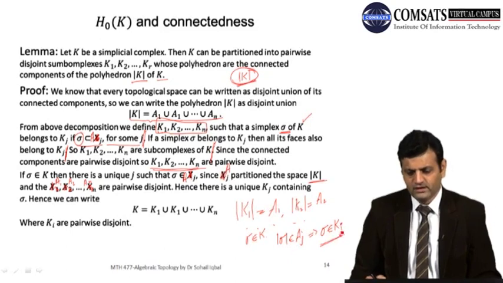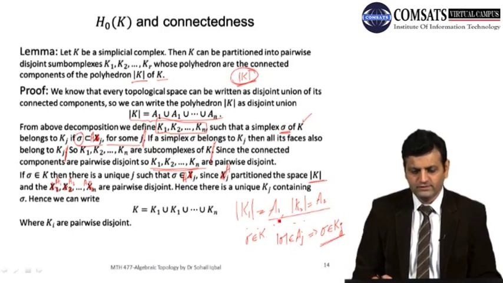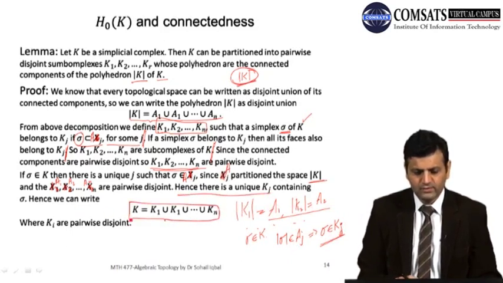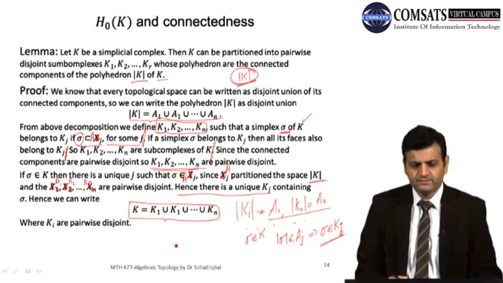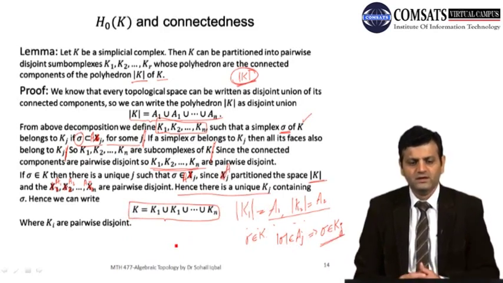It cannot happen that sigma belongs to Kj and some other Ki as well, because these Ai's are mutually disjoint. So we can write K as a disjoint union of subcomplexes. It's a very simple result, and what we have proved is that given any simplicial complex, it can be written as a disjoint union of subcomplexes.